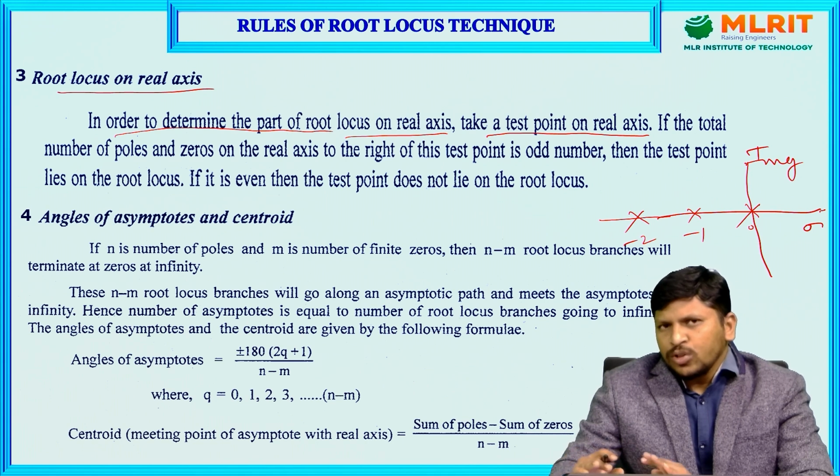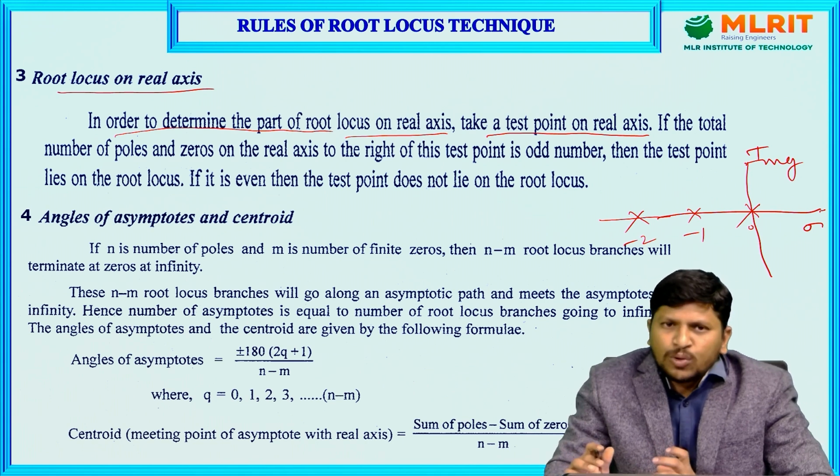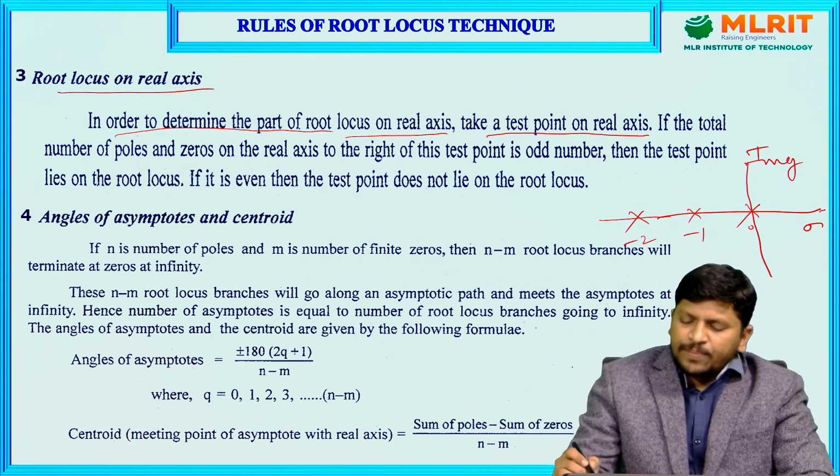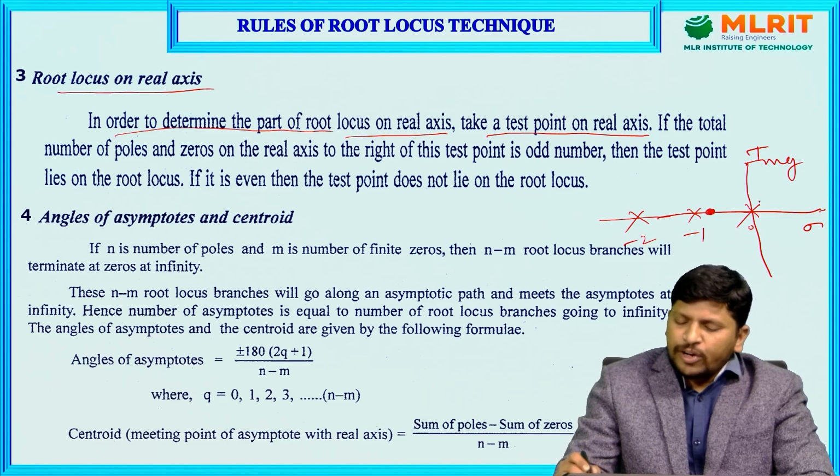We are going to find the root locus on the real axis. First, I take the test point between these two. After the test point, on the right side, just count how many poles and zeros. Here one pole is there, so it is an odd number. So between -1 and 0 the root locus exists.